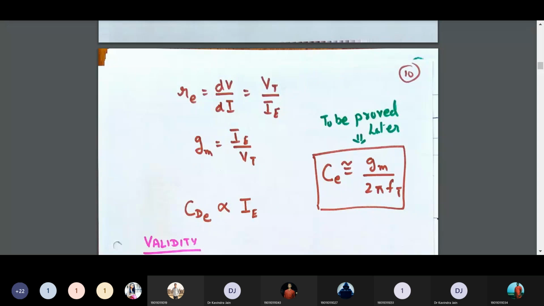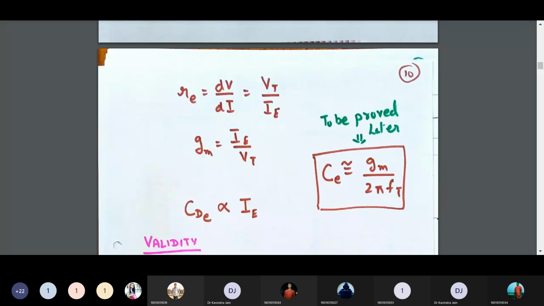I mean to say that IC is equal to IE because IB is very small. So we say that in the hybrid pi model, IC is equal to IE because the slope at x equal to 0 and at x equal to W remains the same.